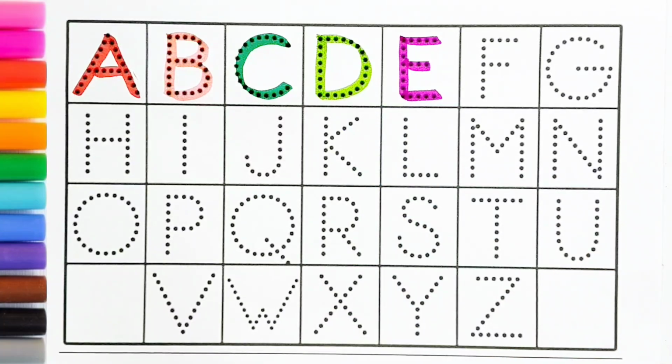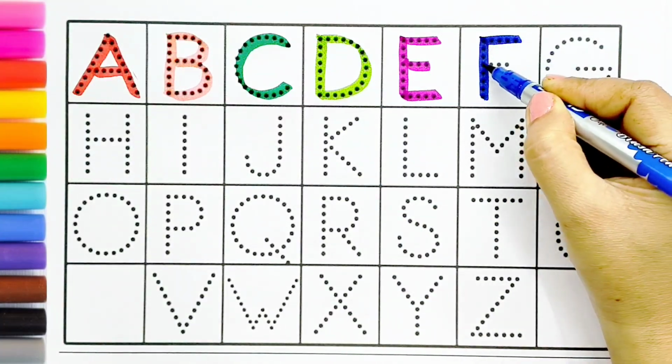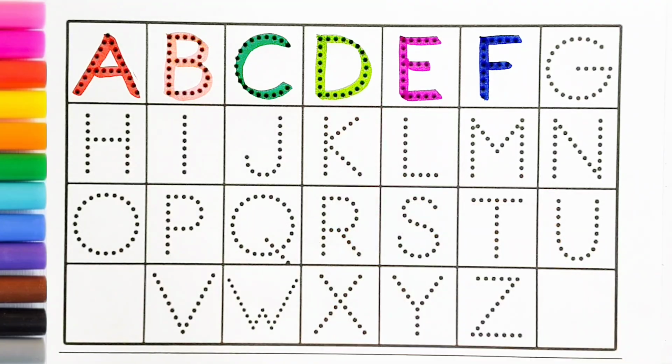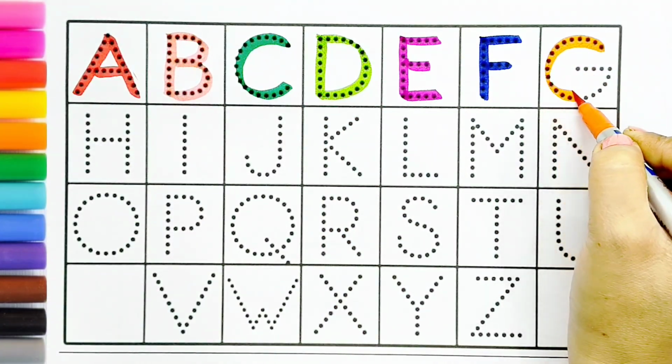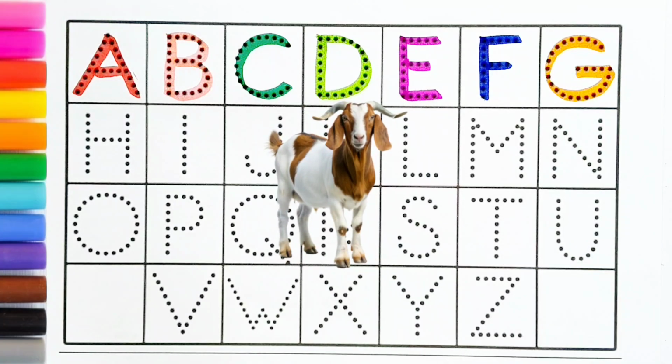Blue color. F. F for fish. F for fish. Orange color. G. G for goat. G for goat.